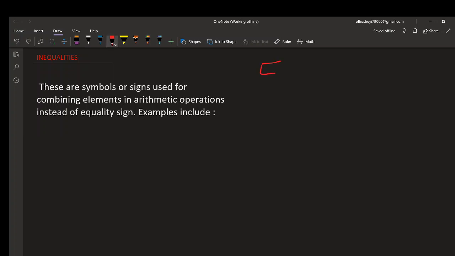Let me use 3x plus 6 is greater or equal to 18.